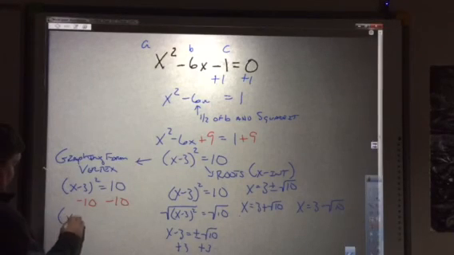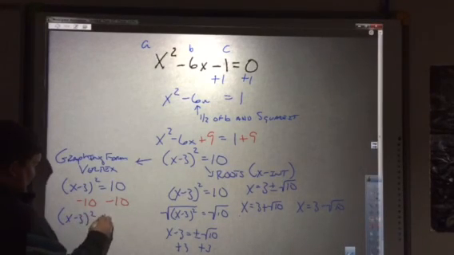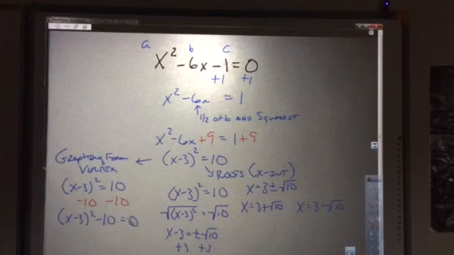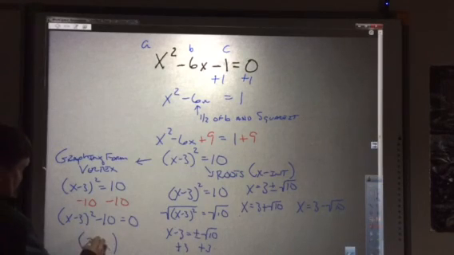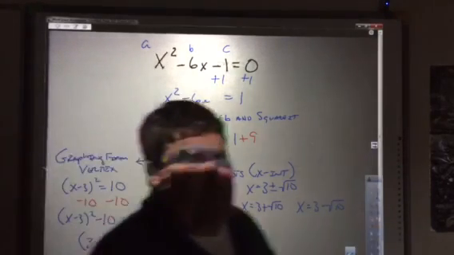So we get x minus 3 squared minus 10 is equal to 0. So our vertex: the opposite of the -3 is 3, and this number stays the same, -10. Okay? So those are two ways of completing the square: finding your roots and finding your vertex.